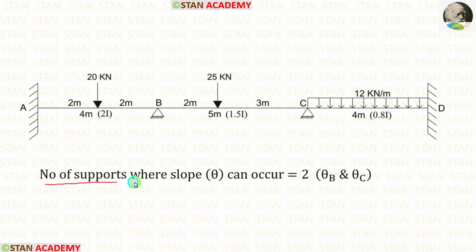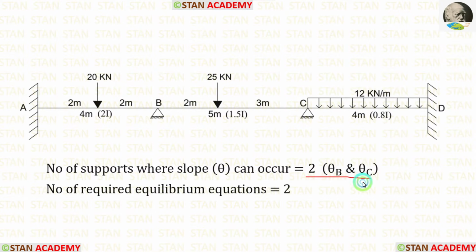So, the number of supports where slope can occur is equal to 2. At point B, we are having theta B, and at point C, we are having theta C. So, in this analysis, there are two unknowns.